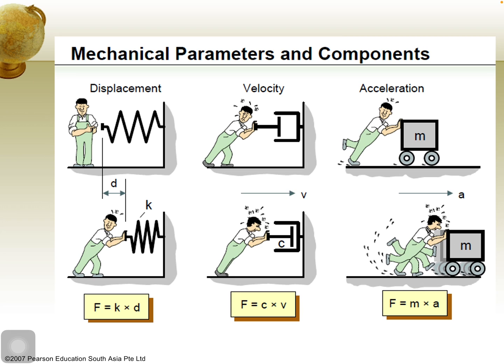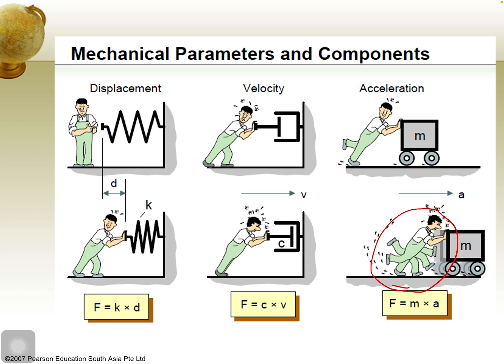Remember, in the mass configuration, when there is no acceleration, there is no force. But when there is acceleration, and if you look at this final diagram, the person is accelerating the velocity.